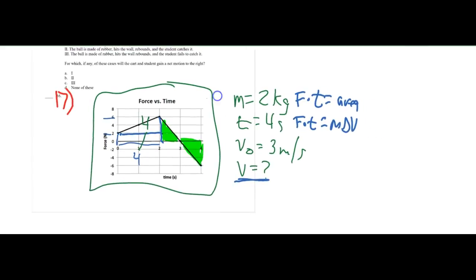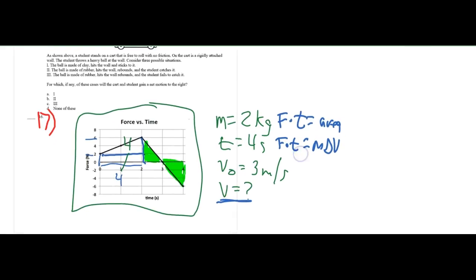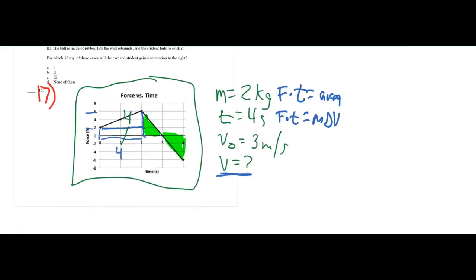But the issue we had from there is once we plugged everything into the equation. My area is 8. The mass is 2. Then I have to do the change in V. I started off at 3.